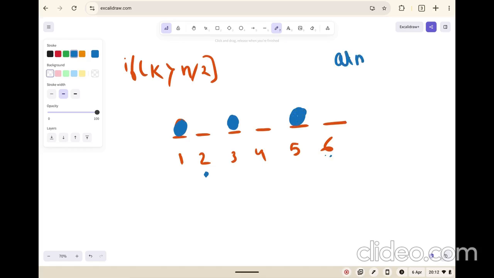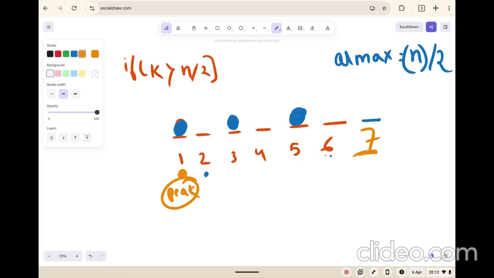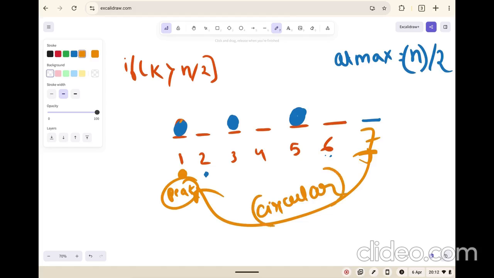So at max we can have n by 2 elements as peaks. Even if you had a 7, as you have already marked 1 as your peak, now 7 can't be your peak, because for 7 the next element will be 1, since it is a circular array. So I hope we are clear that if your k is greater than n by 2, then you need to return a -1.